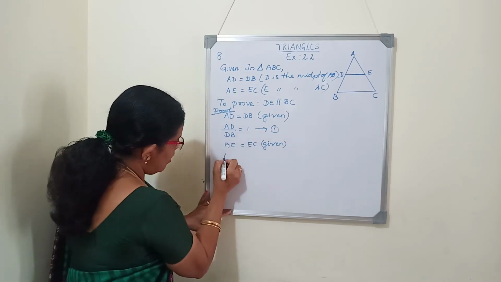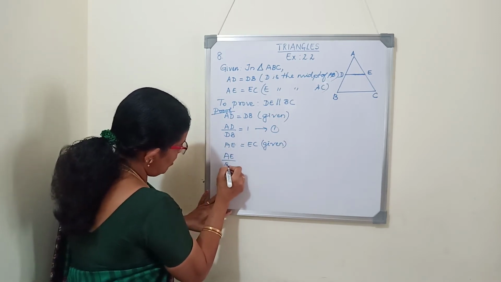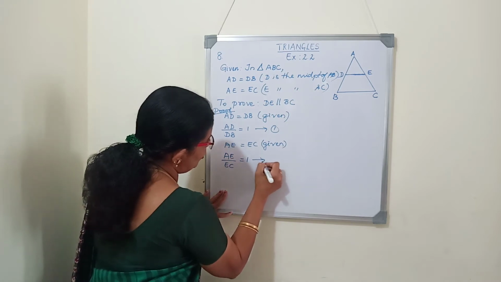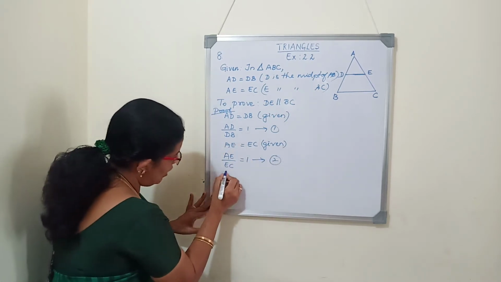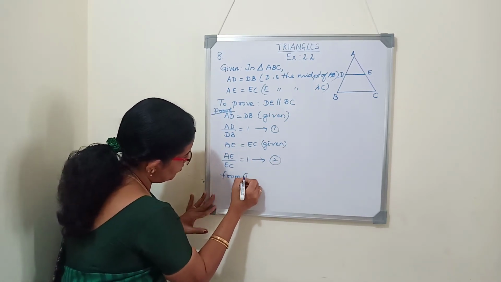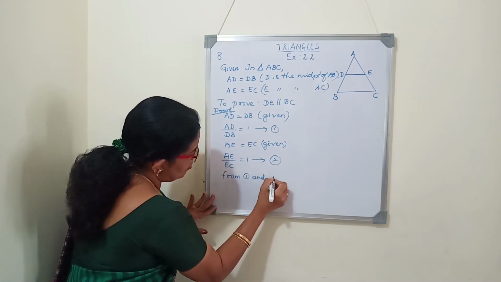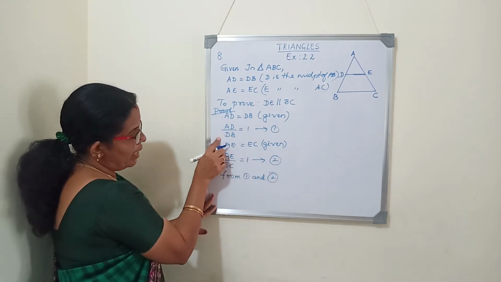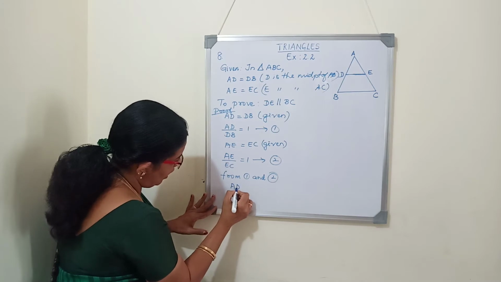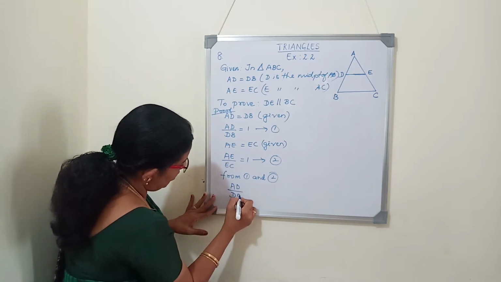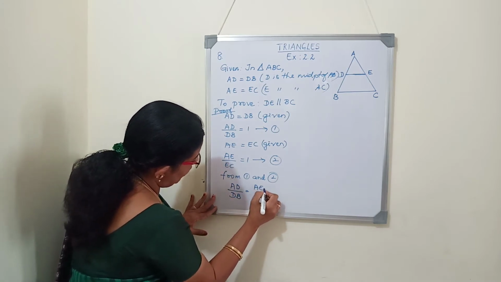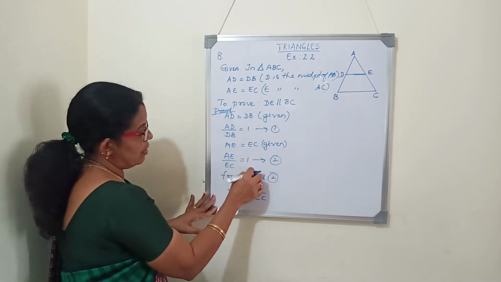So we will write AE by EC is equal to 1. Equation 2. So from 1 and 2 we can write AD by DB is equal to AE by EC, because RHS are equal.